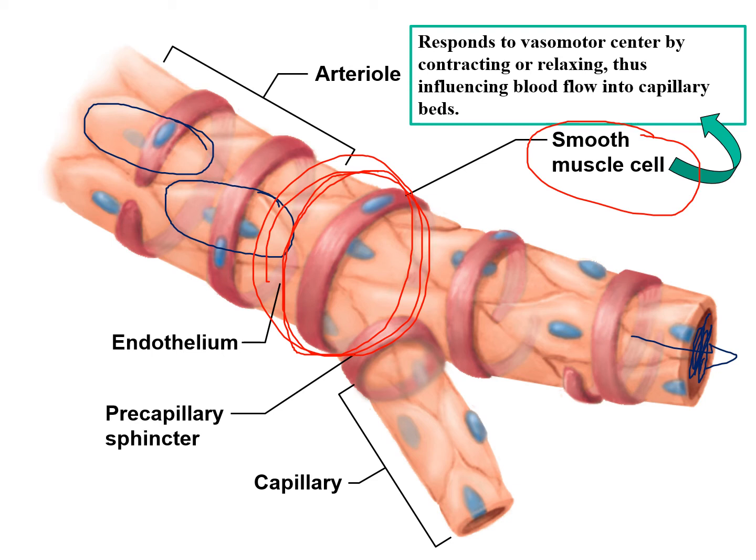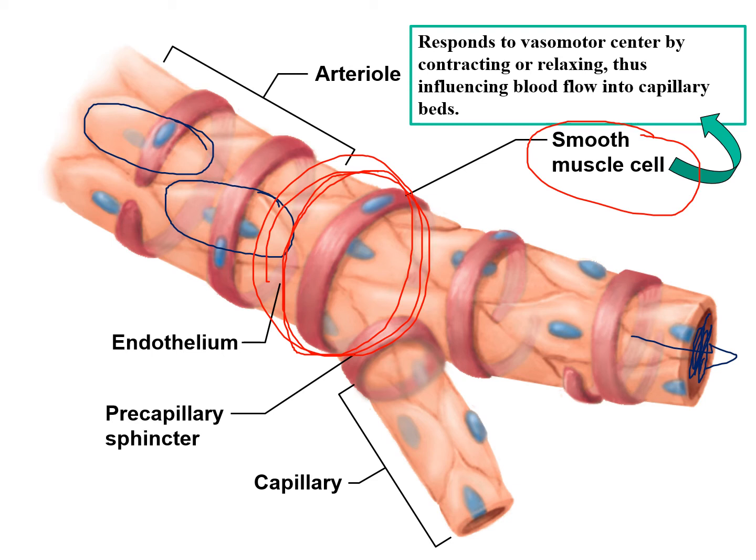What do you think those smooth muscle cells are there for? Well, if there's a need to increase blood pressure through this artery, or to even reduce blood pressure in this artery, we can stimulate those smooth muscle fibers or relax those smooth muscle fibers, right?